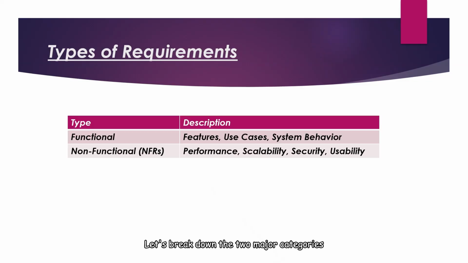Let's break down the two major categories of requirements. Functional requirements are the heart of what the system needs to do. These could be actions that users perform, like place an order or update profile. Think of functional requirements as the specific features and behaviors of the system that will satisfy the user's needs. On the other hand, non-functional requirements define how the system should perform under certain conditions. These requirements include things like security, scalability, availability, and performance.